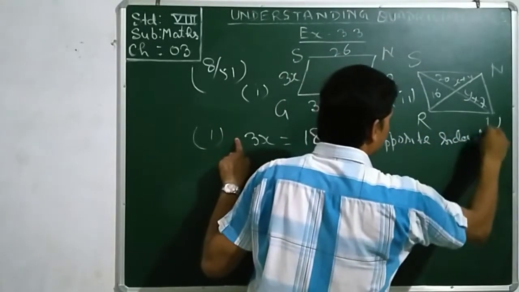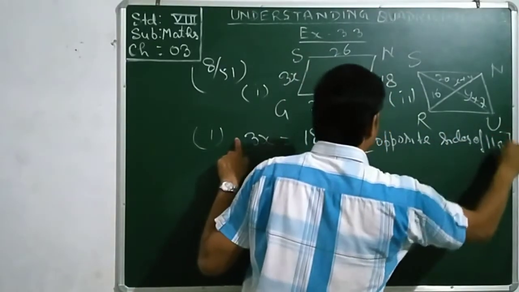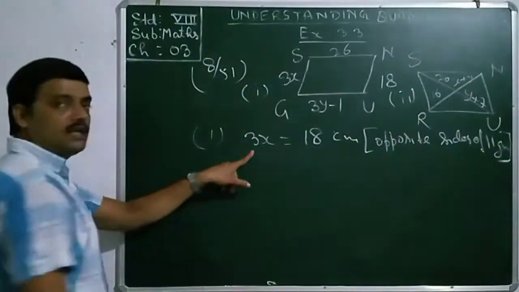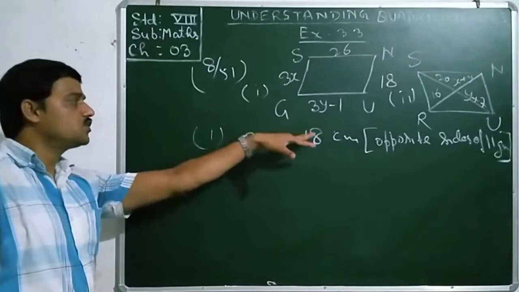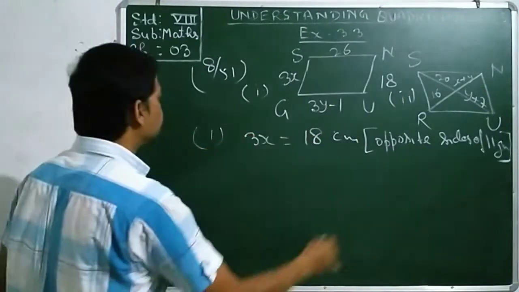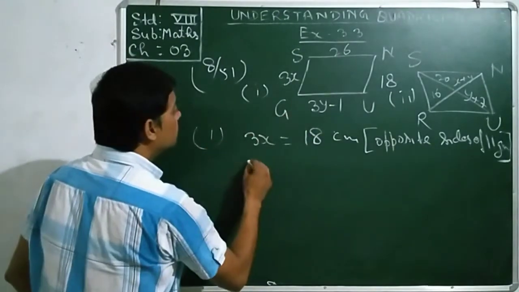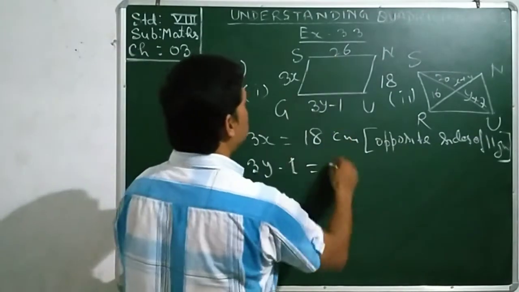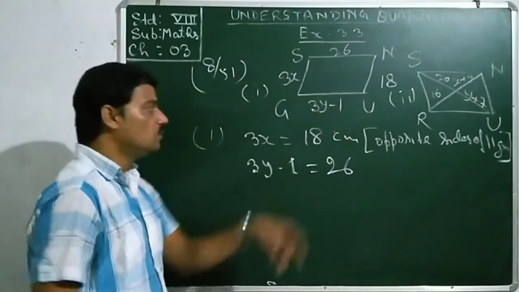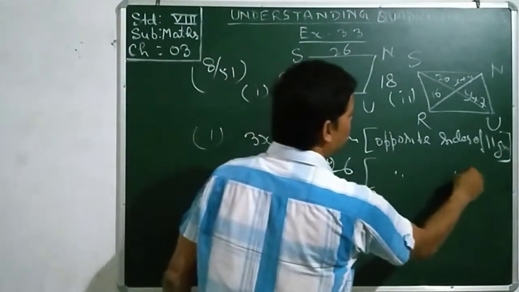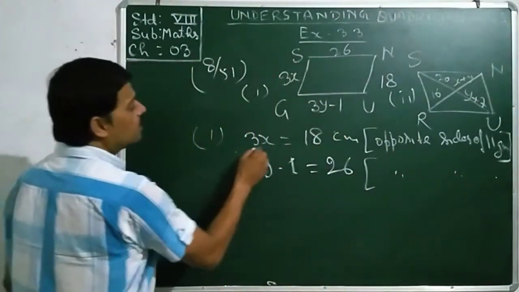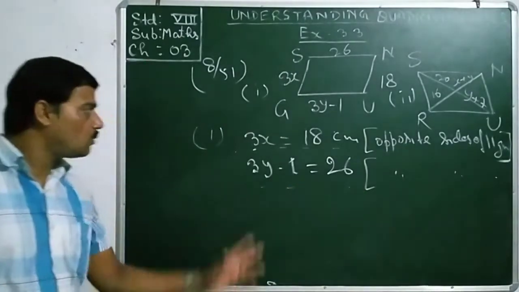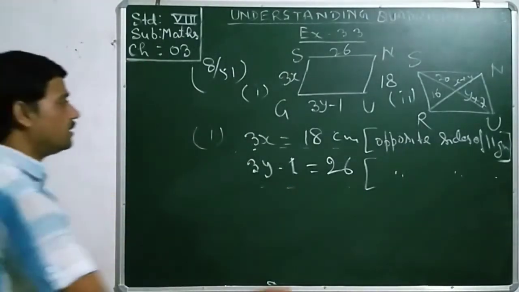Now you will find the value of x to be 6 centimeter. Similarly, 3y minus 1 equal to 26, because once again opposite sides are equal. Solve it to find out y. You can do it yourself.